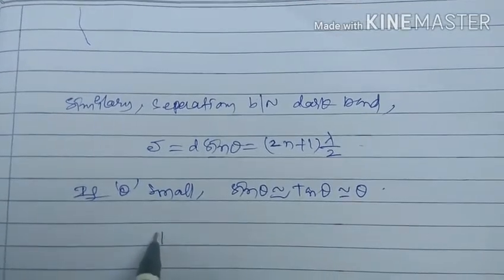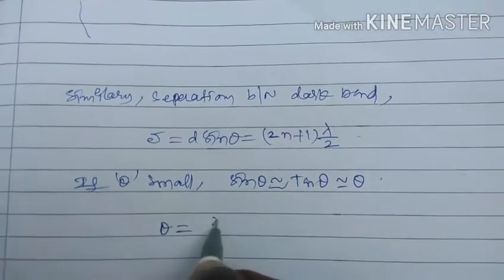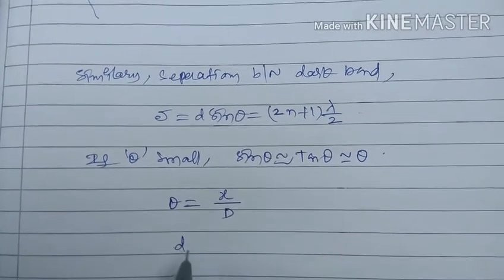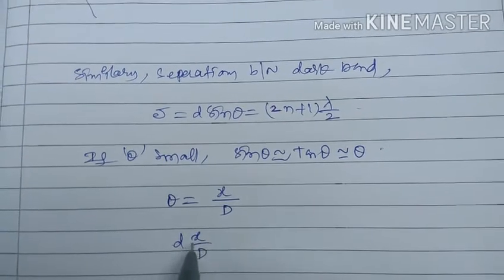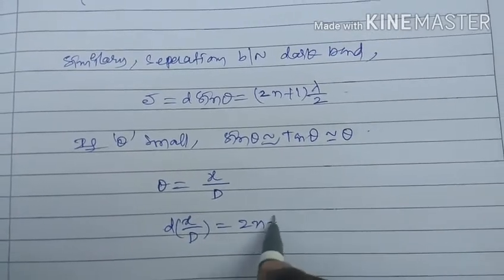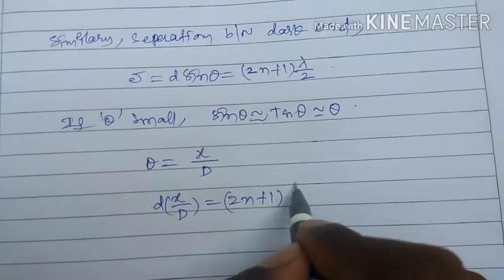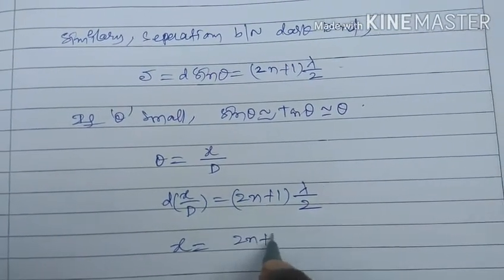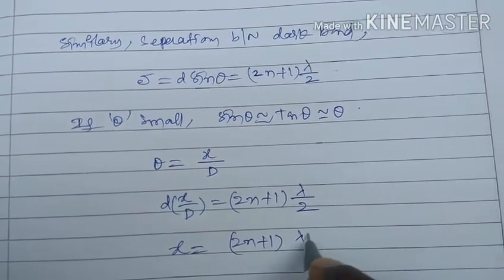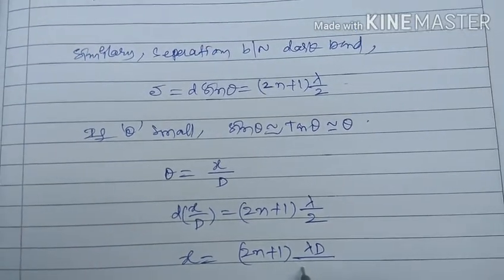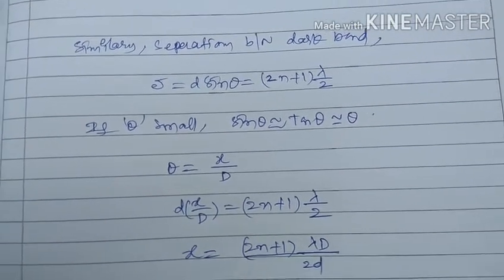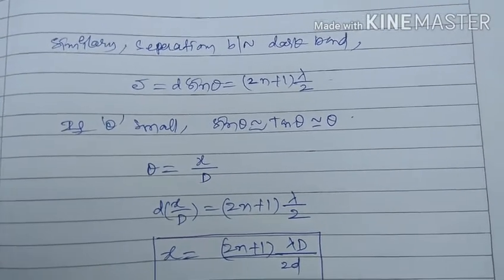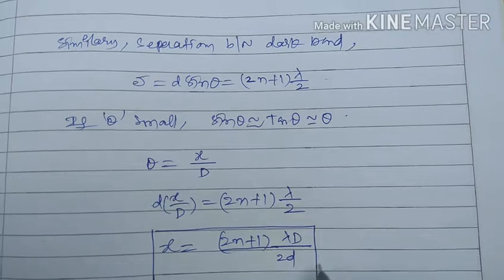Whereas tan theta or theta should be written as x by capital D. So then d into x by D is equal to (2n plus 1) into lambda by 2. Whereas x is equal to (2n plus 1) into lambda D by 2d. So this is the position of the dark band which was formed on the screen.